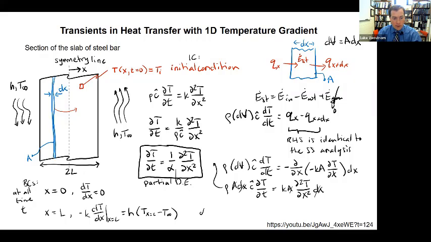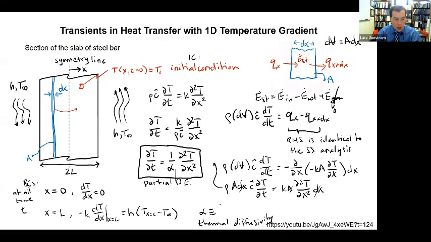Okay, so this thermal diffusivity, this alpha, it's called the thermal diffusivity. And it's a function of the material only. It has the thermal conductivity of the material and its density and specific heat, right?